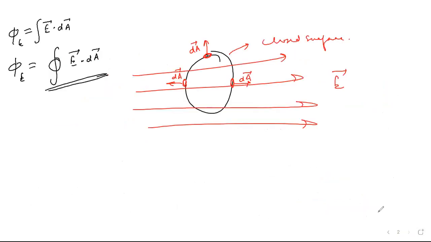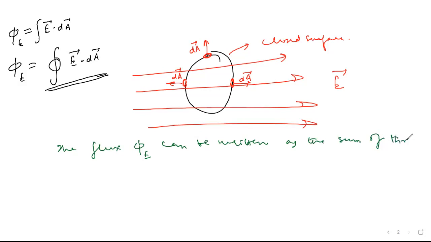So let me use another color. The flux, electric flux phi E, can be written as the sum of three terms, that is an integral.